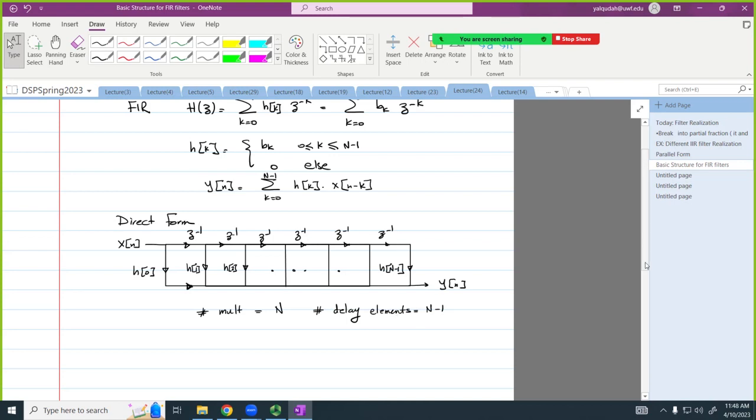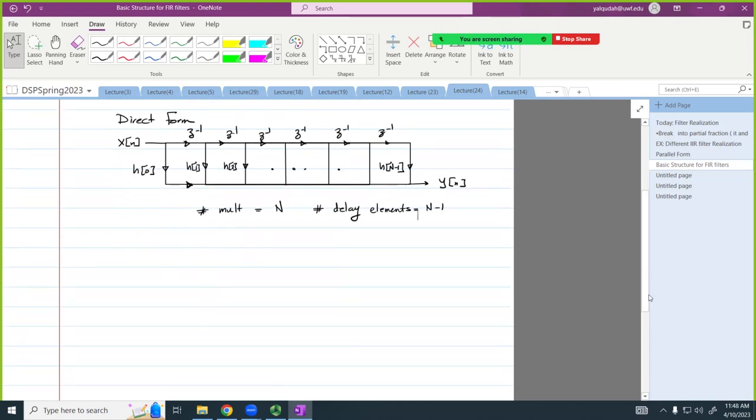The next form is the cascade form. For this form, we're going to rewrite H of z as a product of second-order factors.